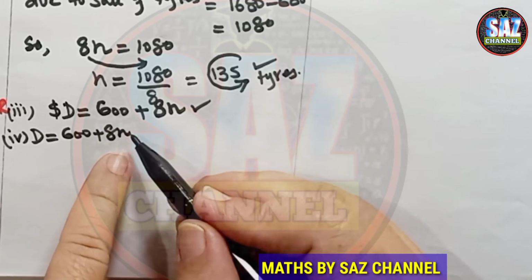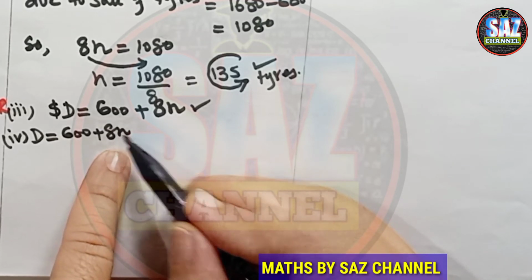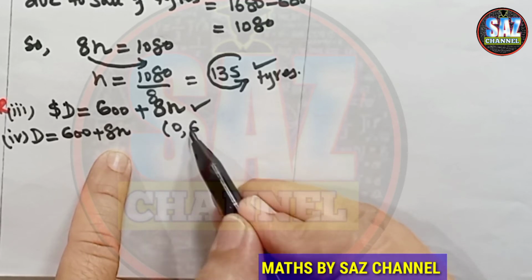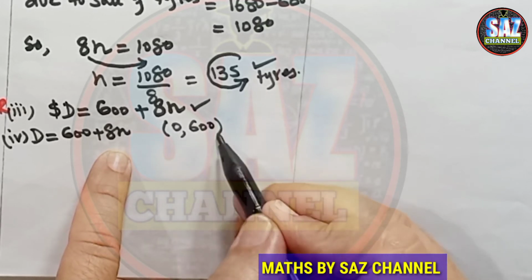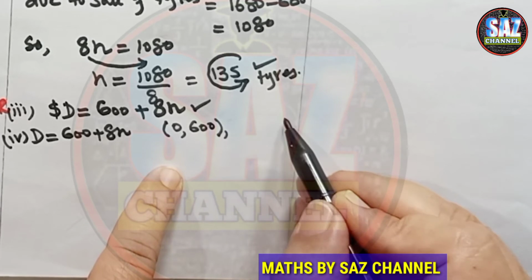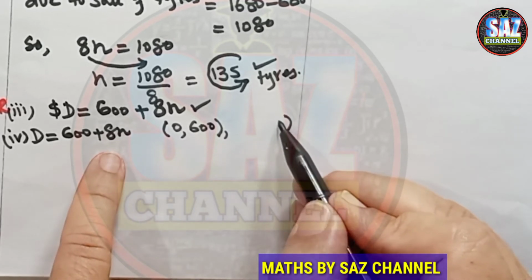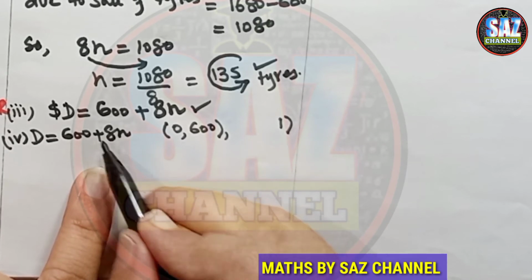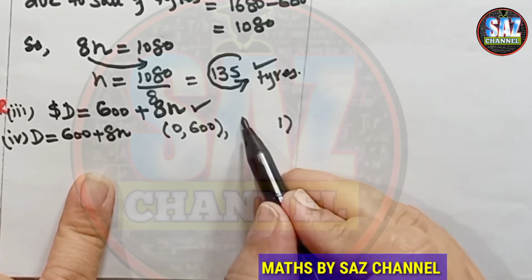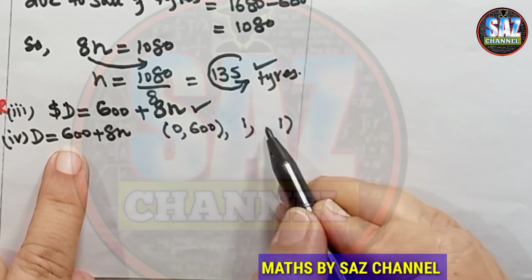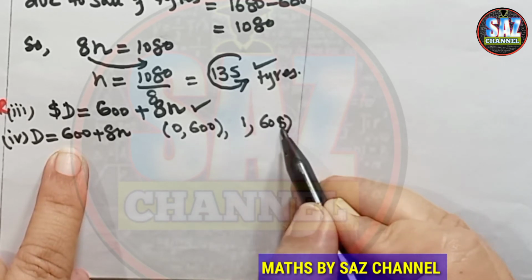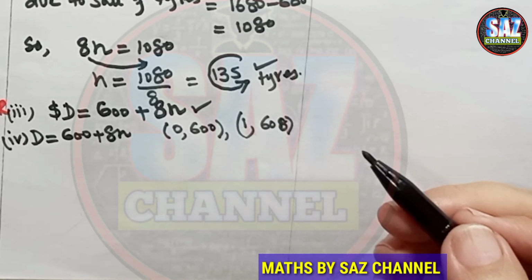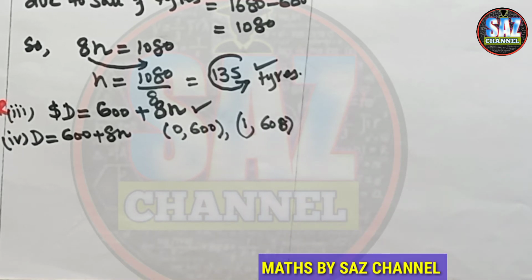When I take N value 0, D will become 600. And when I take N as 1, I replace N with 1, this becomes 8, and the value of D will become 608. These are the 2 points that I will mark on the graph, and then I will check the behavior of the graph.